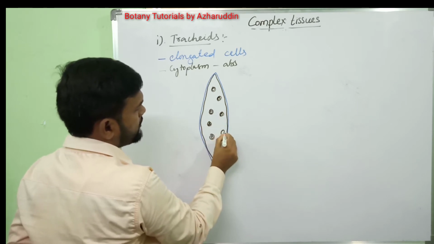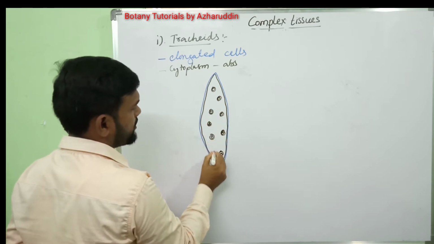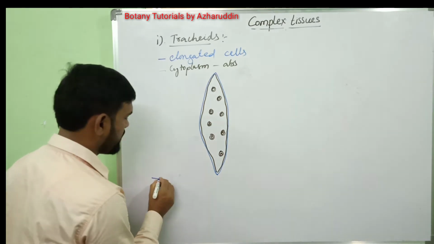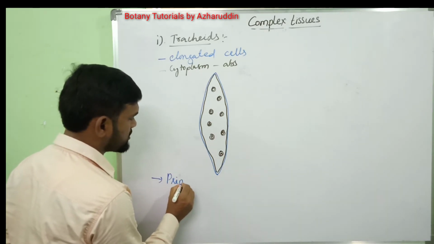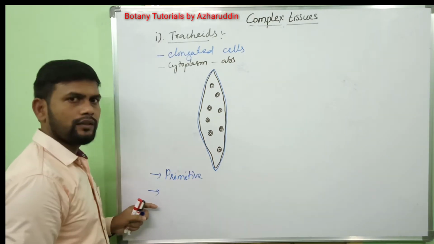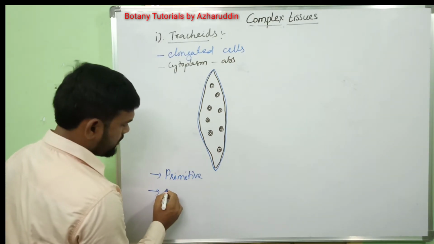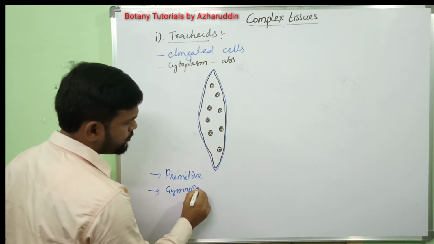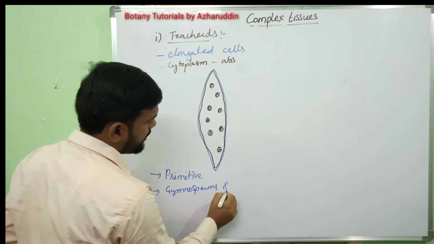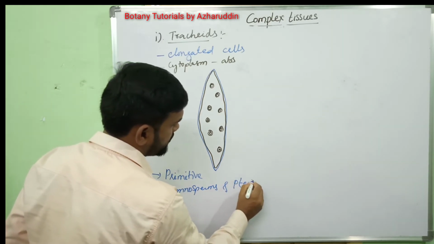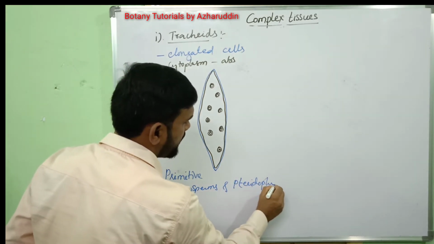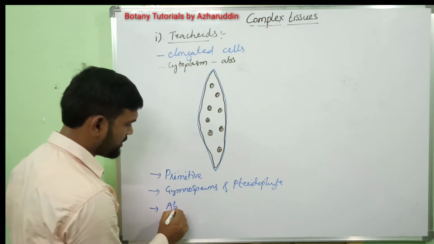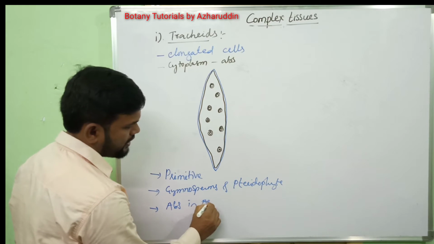Tracheids are primitive structures. They are found in gymnosperms and pteridophytes. They are absent in angiosperms.